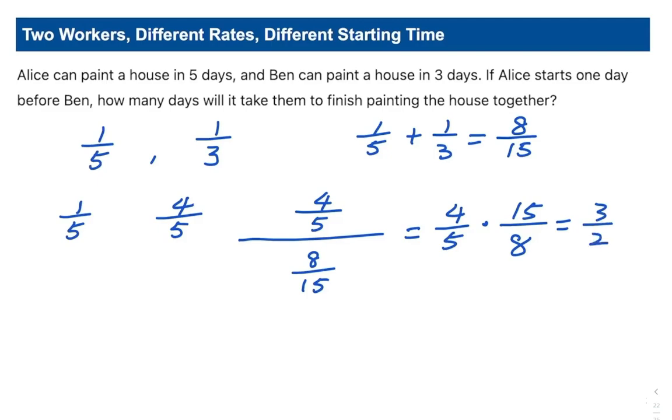Adding the first day that A painted by herself, that's going to be 1 plus 3/2, which is 2.5 days. So they can finish the house in 2.5 days together.